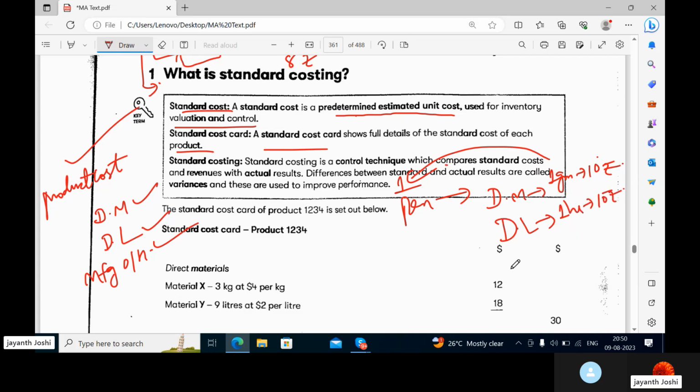Fine. Now manufacturing overheads. Again you will face some problem related to manufacturing overhead. How and why? First of all, you should understand what is direct material, what is direct cost, and what is indirect cost.